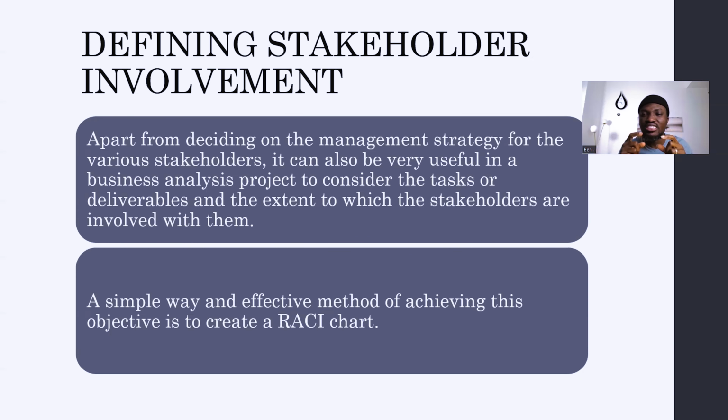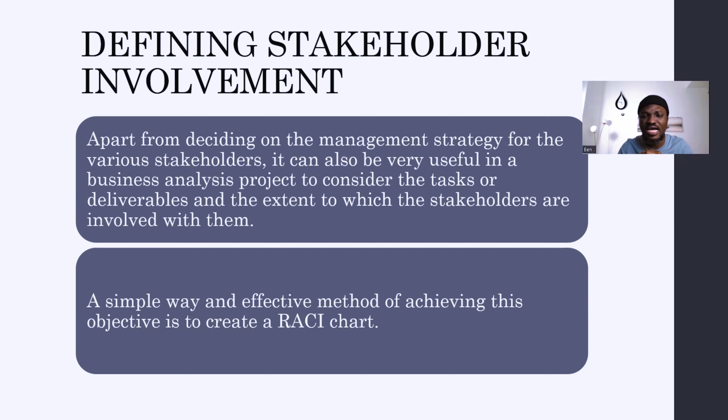So in order for these requirements to be gathered, the business analyst must elicit them, and to do that, needs to meet with the head of finance. I hope you can now see the definition of the involvement of stakeholders, and how we can bring in a RACI chart to ensure that the stakeholders are properly managed.